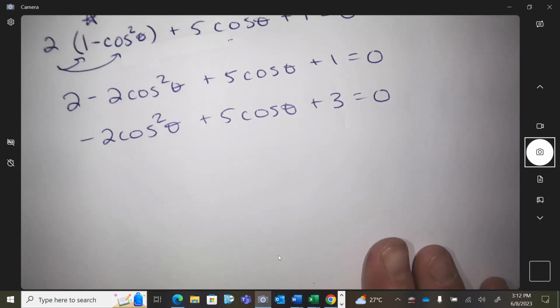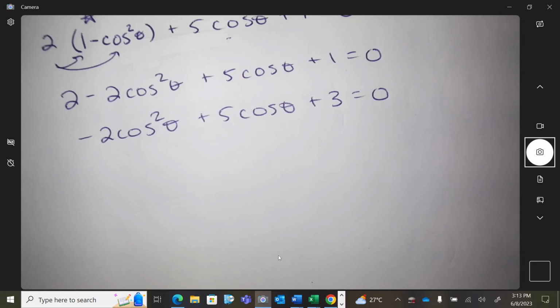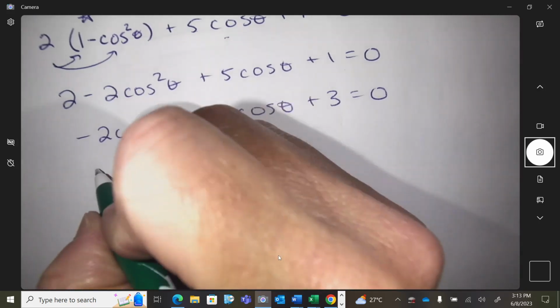So now I had a 2 at the start and a 1 at the back, so they're 3 together. Okay. Personal preference, I don't factor with negative leaders. I don't want that. So would you be okay if I'm timesing this equation by -1 across the board? Does that make sense?